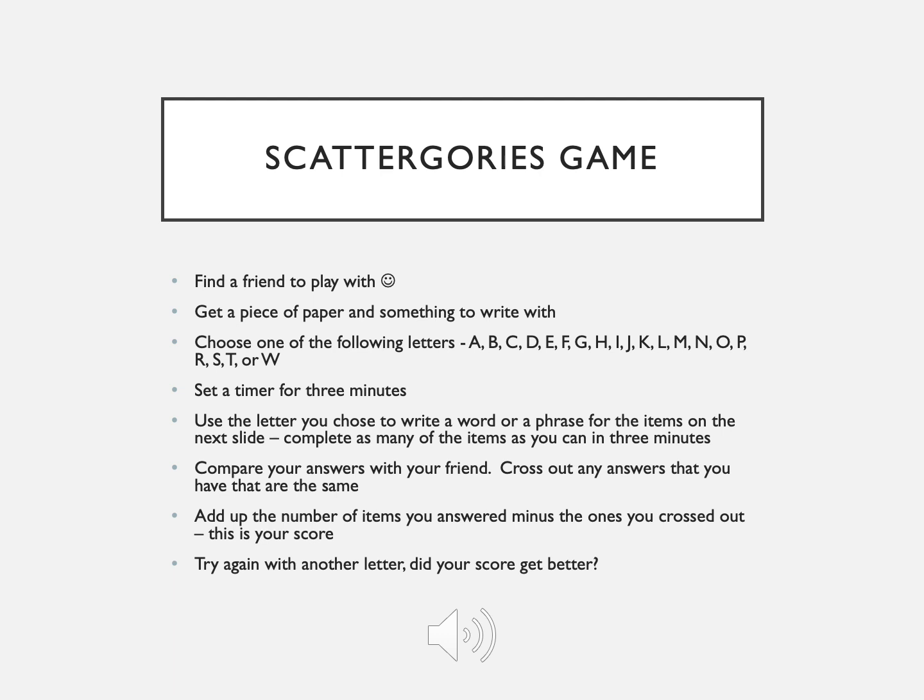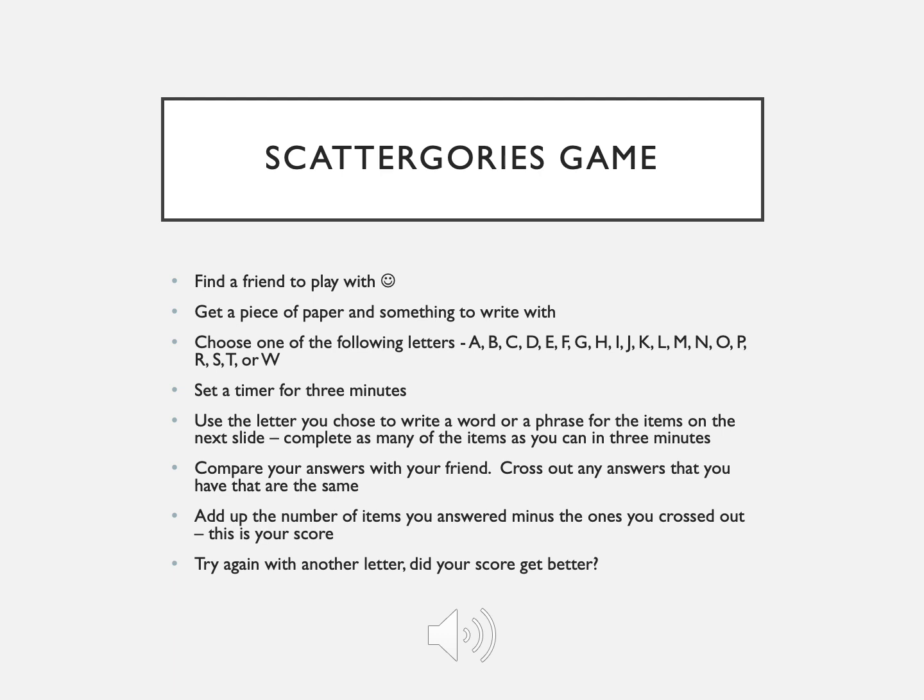Then you're going to set a timer or stopwatch for 3 minutes, and use the letter of your choosing. So for example, I might choose A, and then you're going to write down everything that you can think of for one of the categories on the next slide.